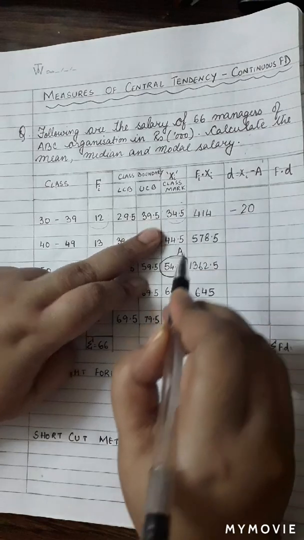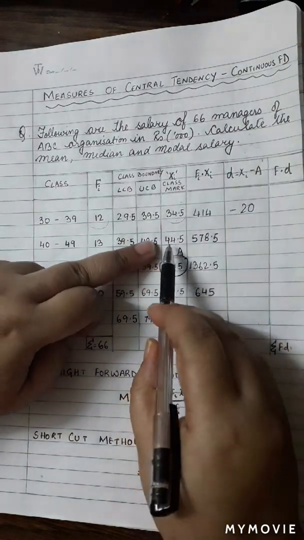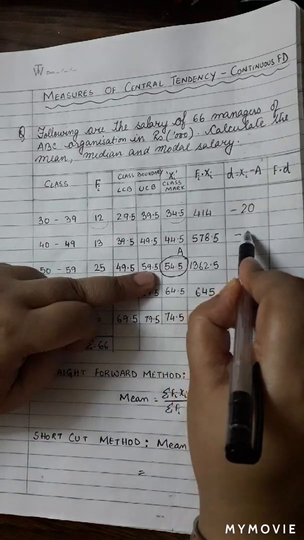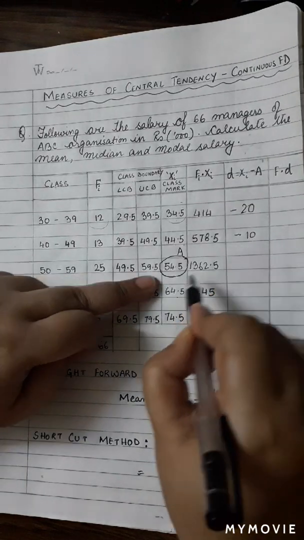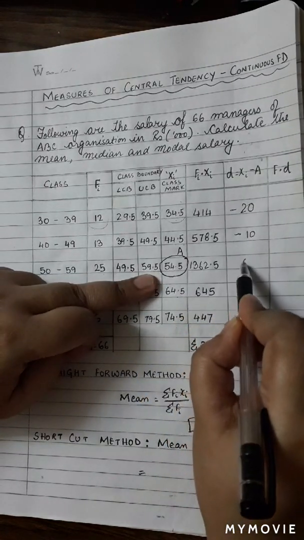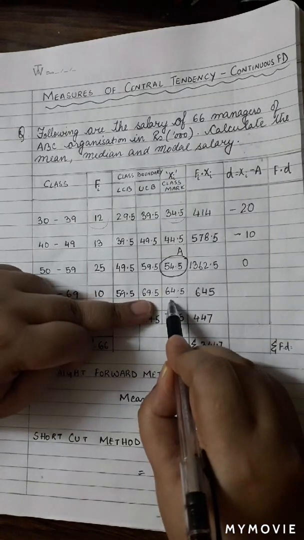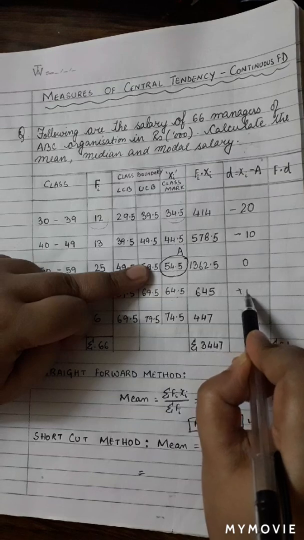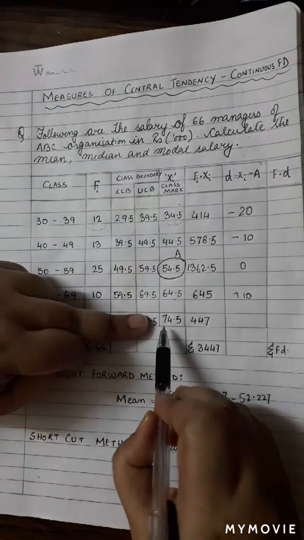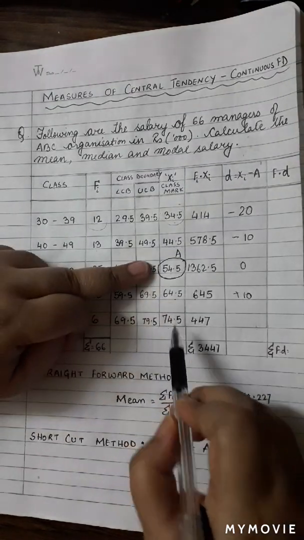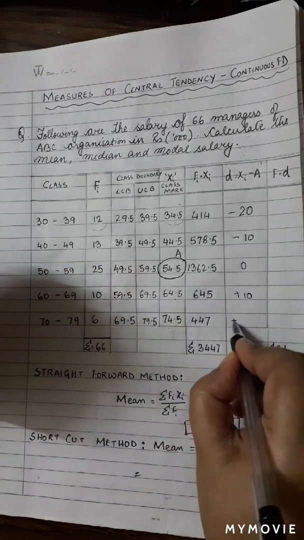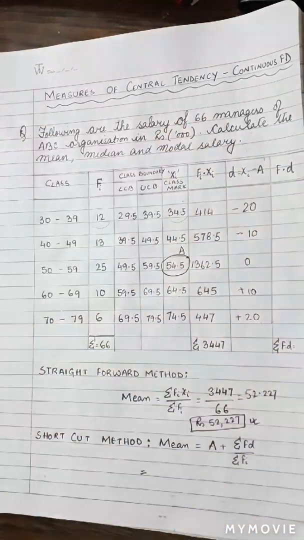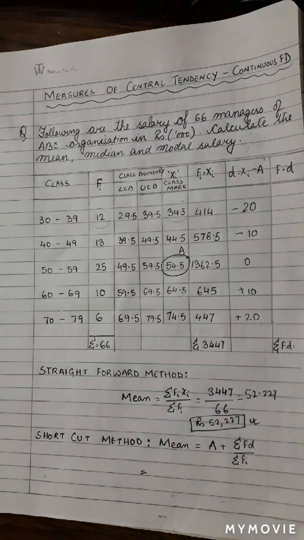Here it is 44.5 minus 54.5, which is minus 10. Here 54.5 minus 54.5 is 0, and here it is 64.5 minus 54.5, giving plus 10, and here 74.5 minus 54.5 gives plus 20. The moment it becomes minus 10 and plus 10 and 20, it becomes much easier to calculate.